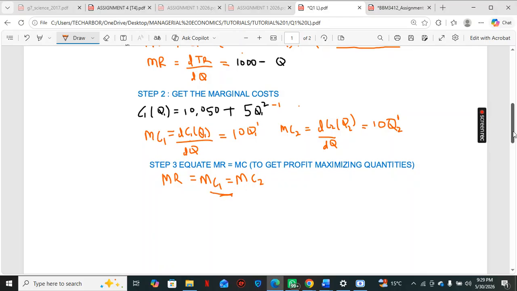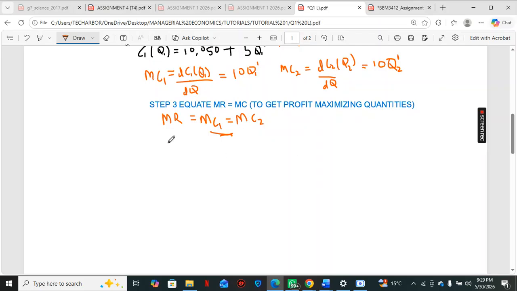Remember, we're saying MC1 is equal to MC2. So you're going to say 10Q1 equals 10Q2.